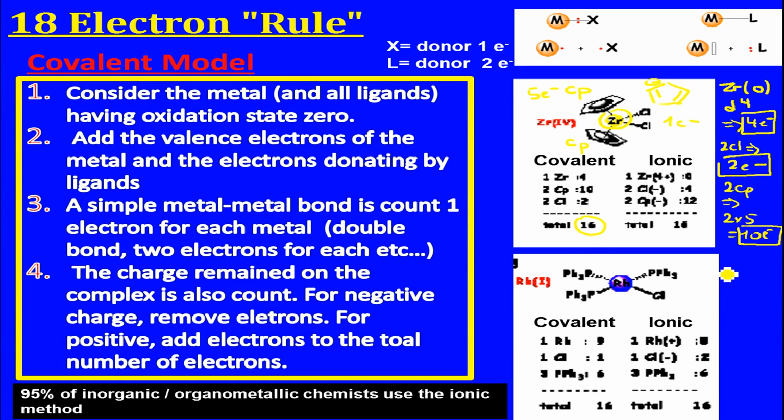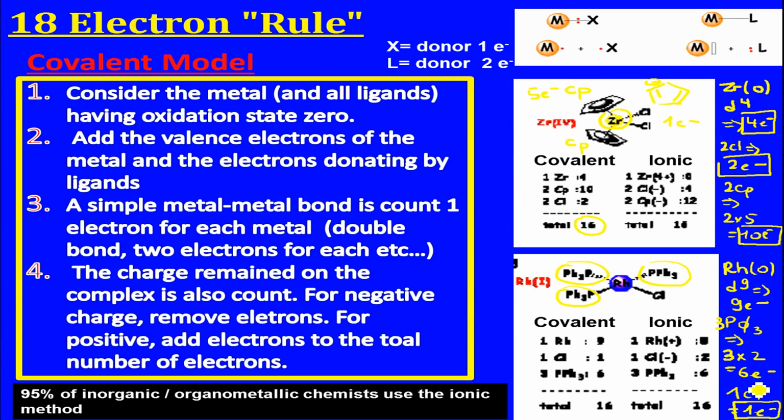Consider the complex of rhodium. Rhodium 0 is d9, which implies 9 electrons. We have 3 phosphines that are bound by the lone pair, so PPh3 three times implies 3 times 2 equals 6 electrons, and we have 1 Cl, so 1 electron.